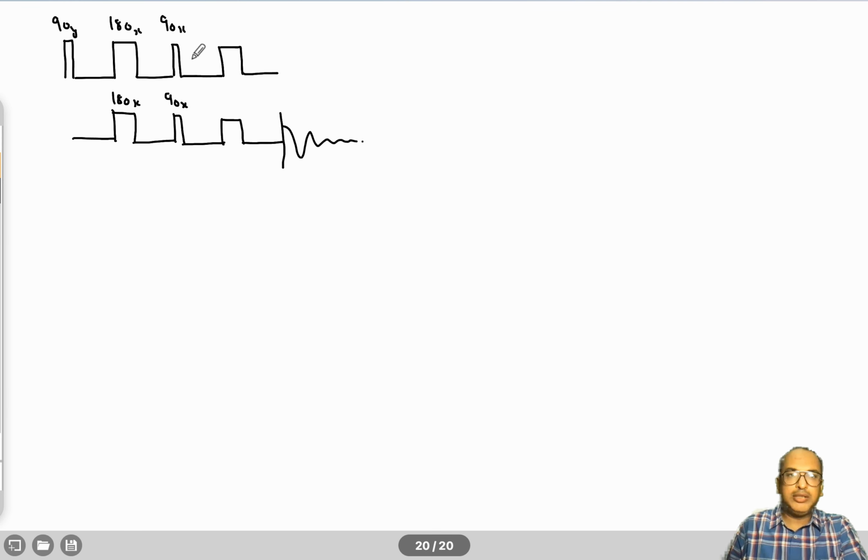So what we are doing here is we are adding one more tau 180 tau part over here.